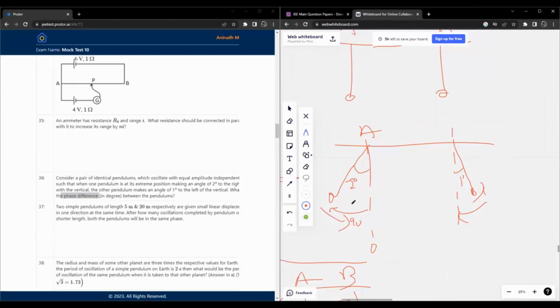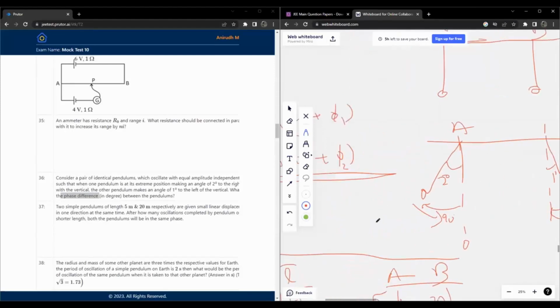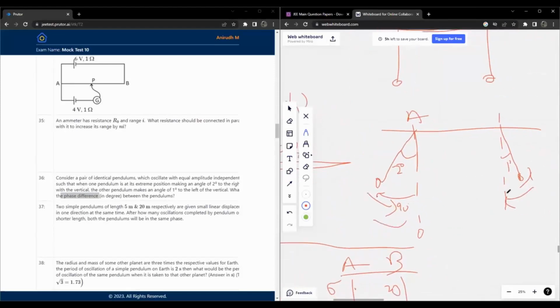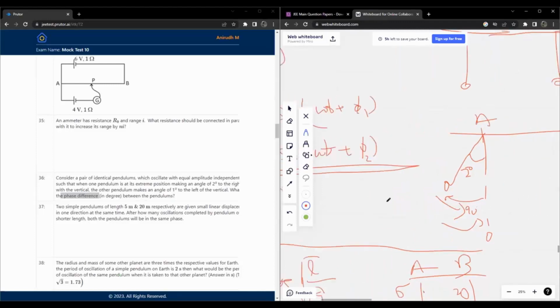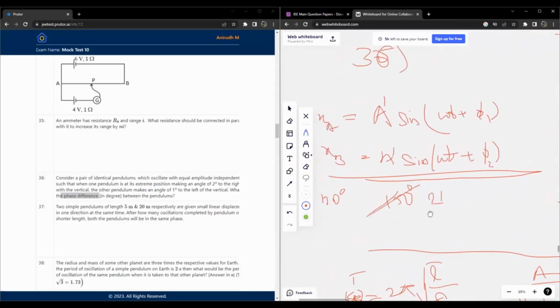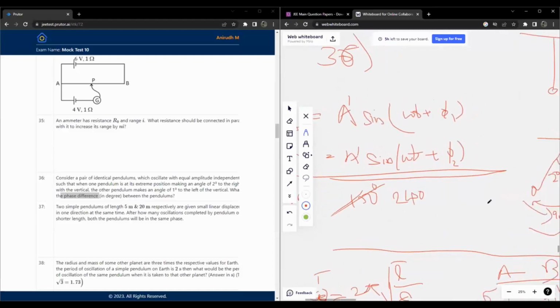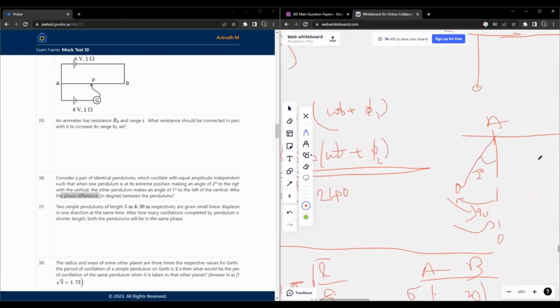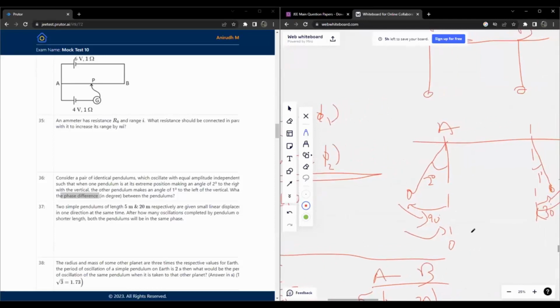So from this position, it has a phase of either 90 plus 30 or 90 plus 60, right? Wait a minute, it's not 150, it's 240. So it's either 120 degrees phase or 240 degrees phase difference.